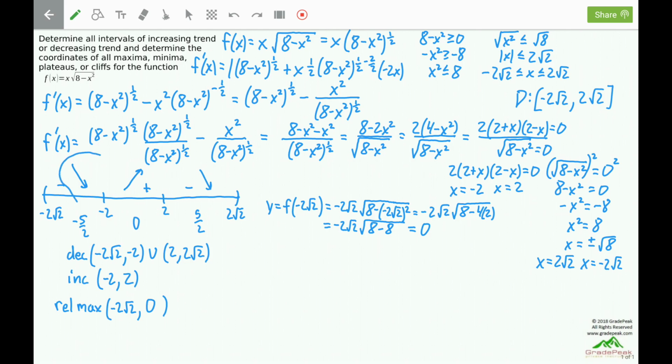Right at the critical number of negative 2, we have a trend change from decreasing to increasing. That makes it a relative min.